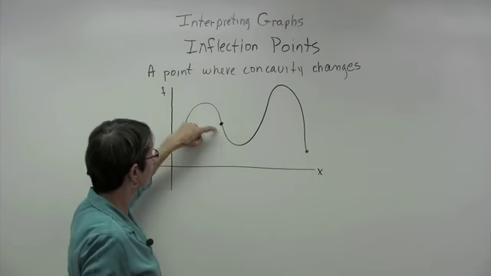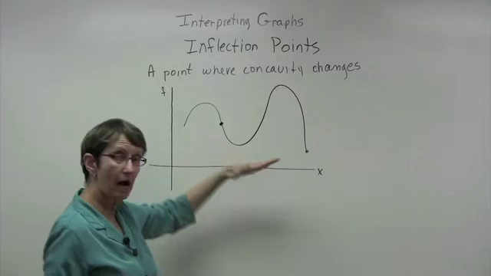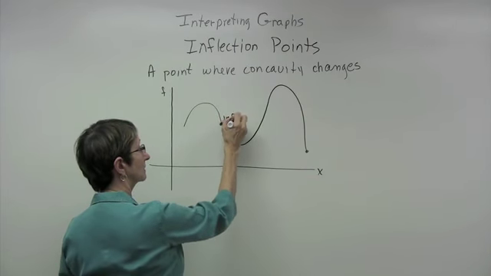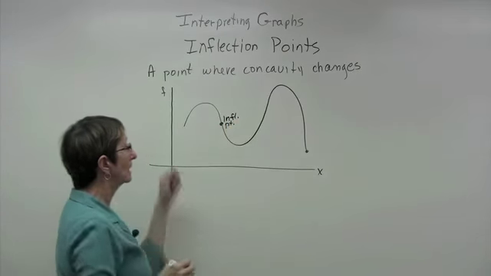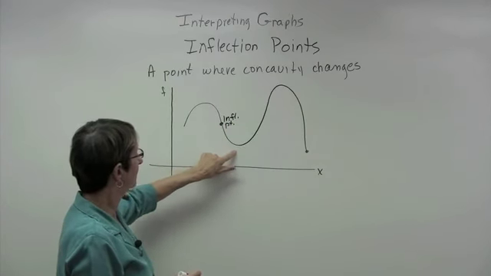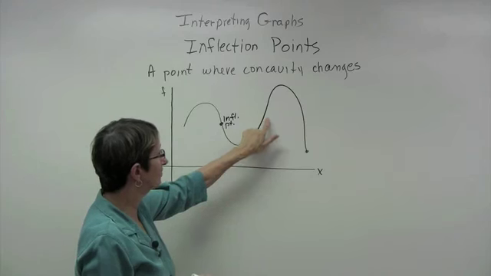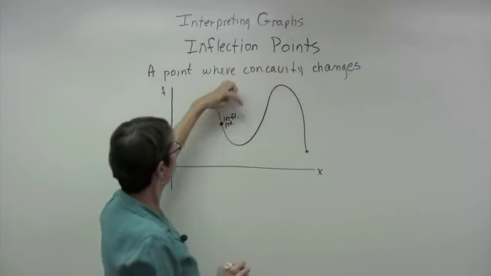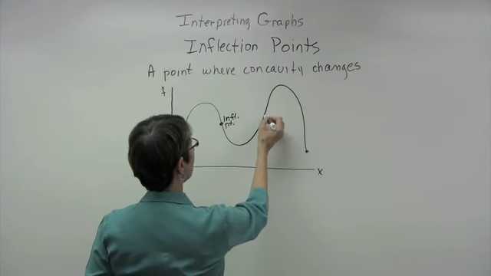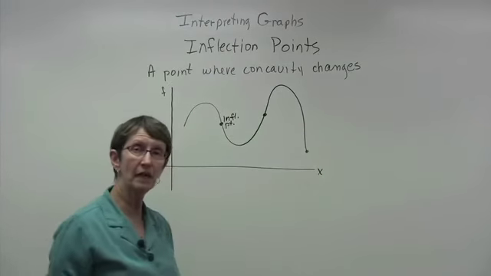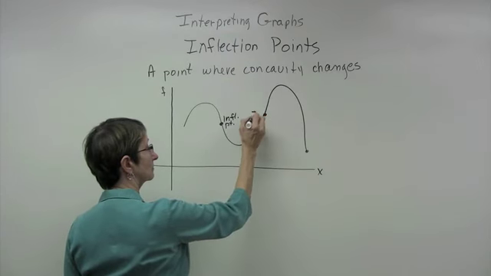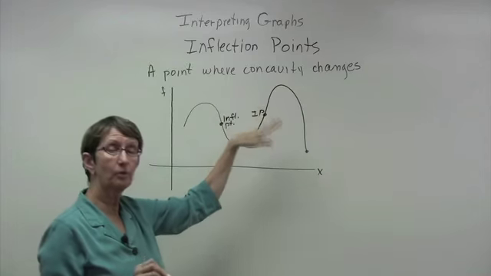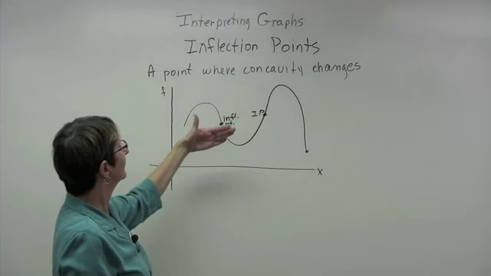That point beyond it is cupping up, so this is an inflection point. So now it's concave up, but when I get up here at some point, my cupping up becomes cupping down. So over maybe about here, I have another inflection point. So an inflection point is a point where concavity changes.